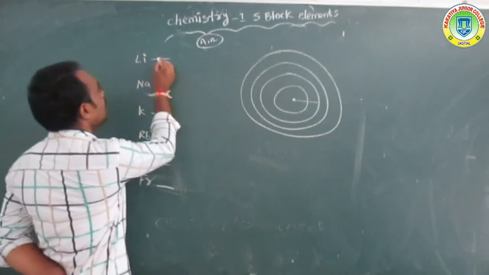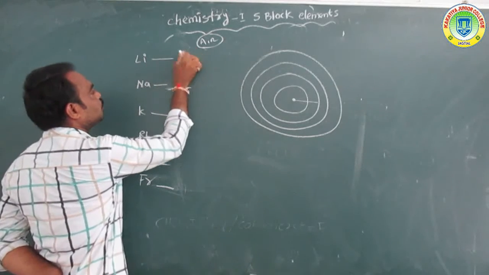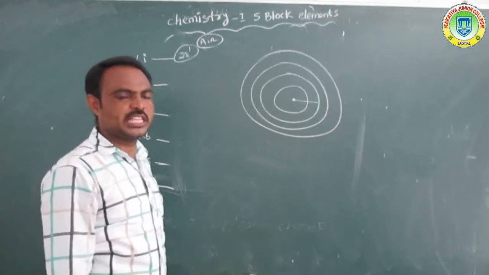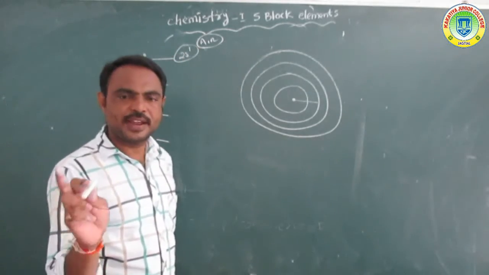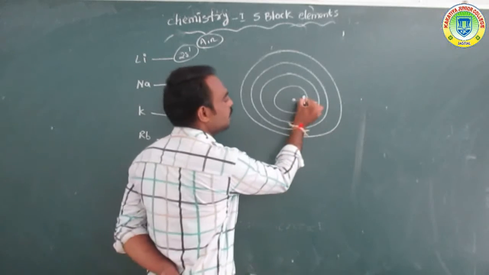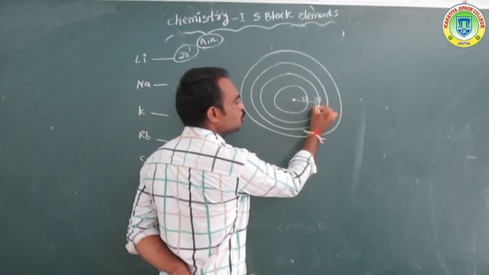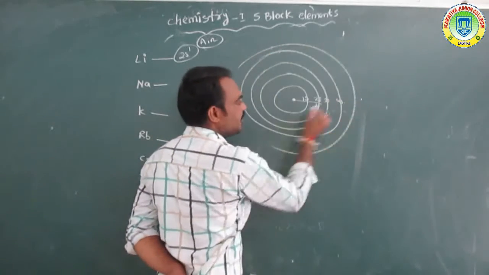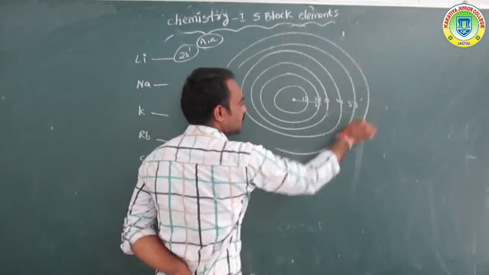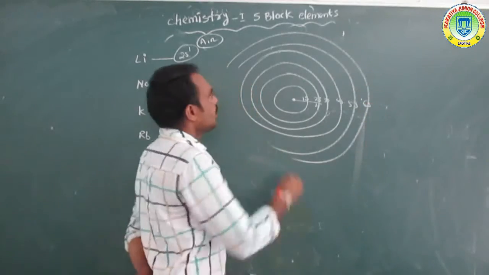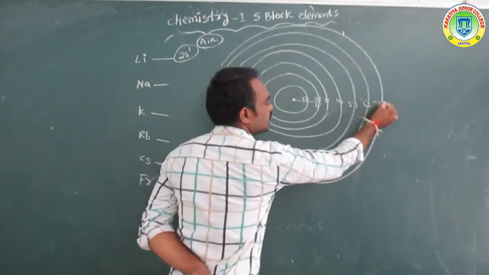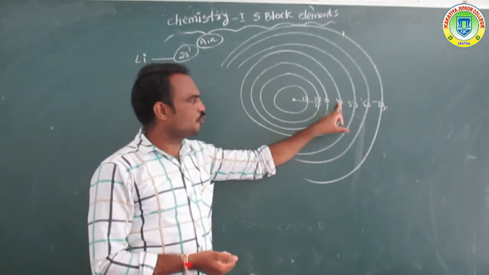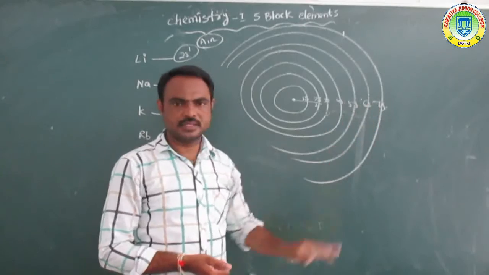Suppose for example it ends with 2s1 electronic configuration, 1s2 2s1. So 2s1 electronic configuration, it is 1s 2s 2p 3s 4s. Next, suppose for example you have taken 5s, next 6s, next further 7s, 1s 2s 3s 4s 5s 6s 7s.